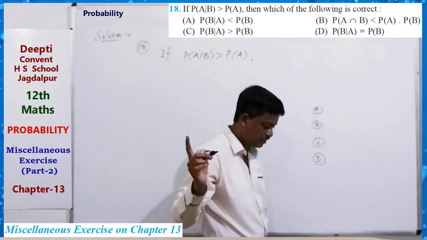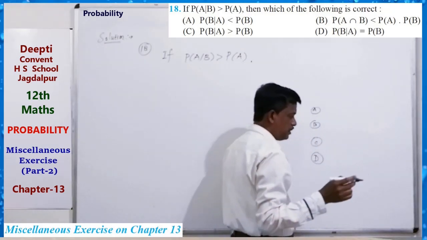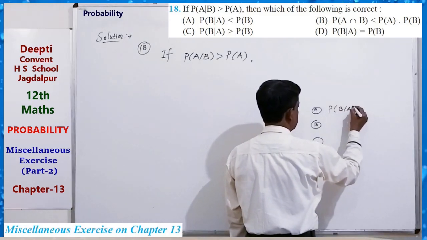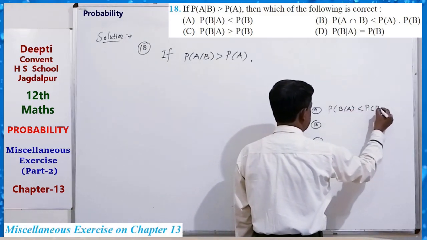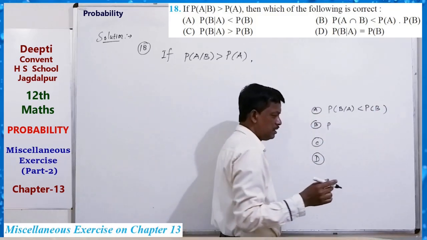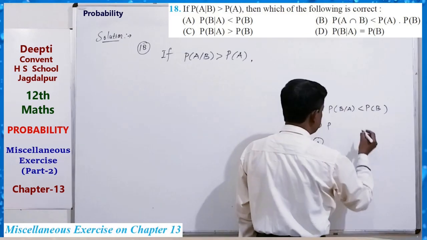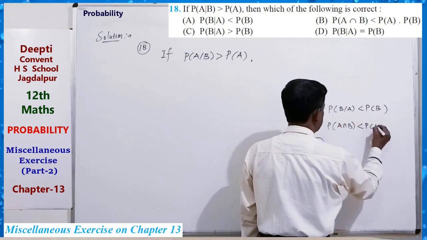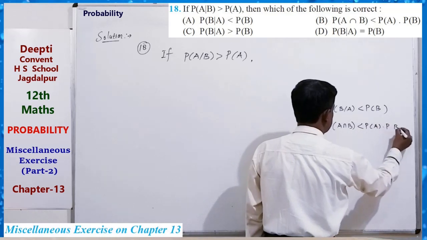The first option is P(B|A) is less than P(B). The second option is P(A intersection B) is less than P(A) into P(B).